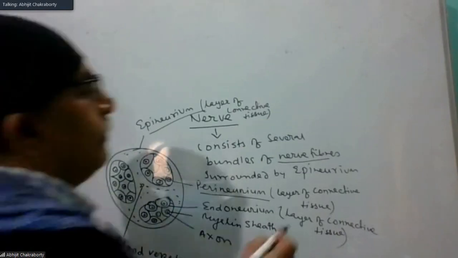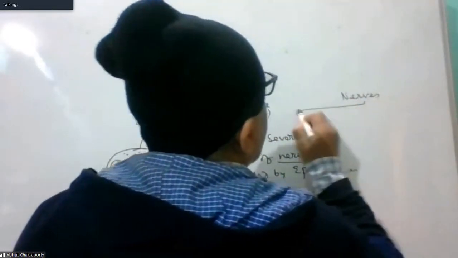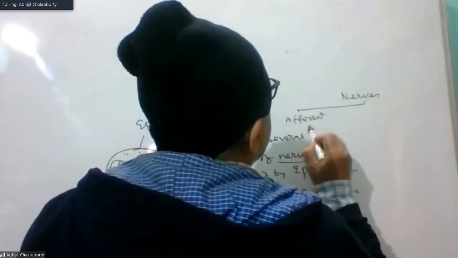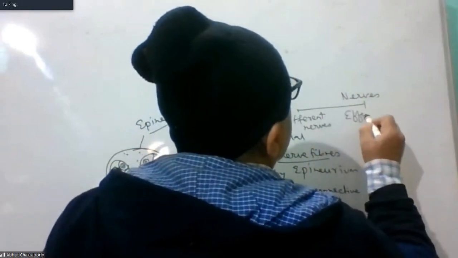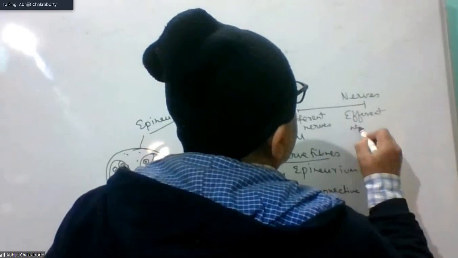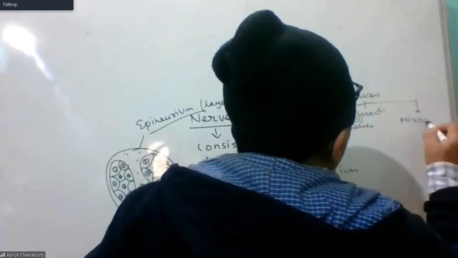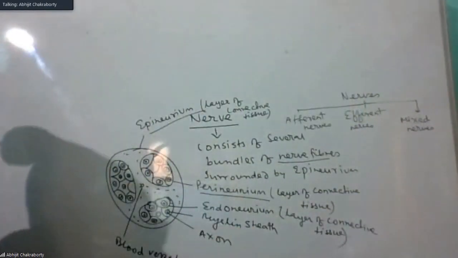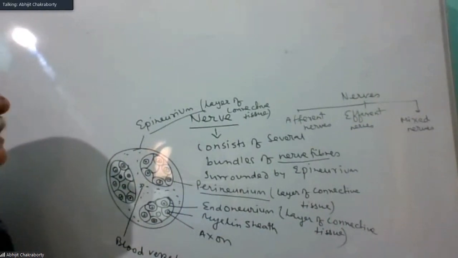If you classify nerves, there are three types: afferent nerves, efferent nerves, and mixed nerves.